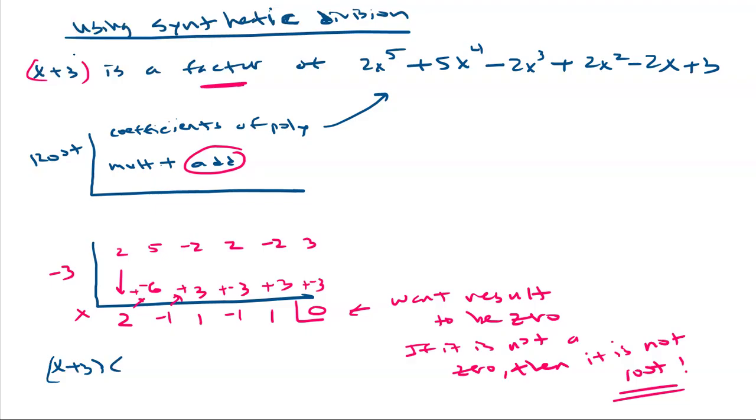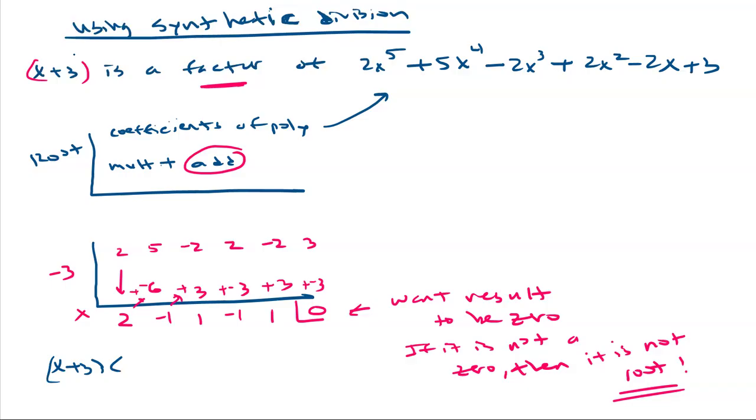Because this is basically division, right? We took this long polynomial and divided by x plus 3. That's what we did. And so this is a shortcut to that. But it only works when your factor is raised to the power of 1. It doesn't work in any other way.